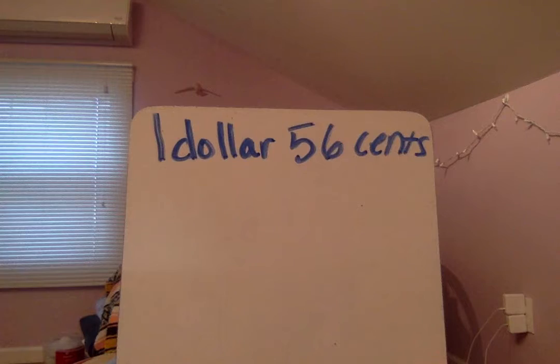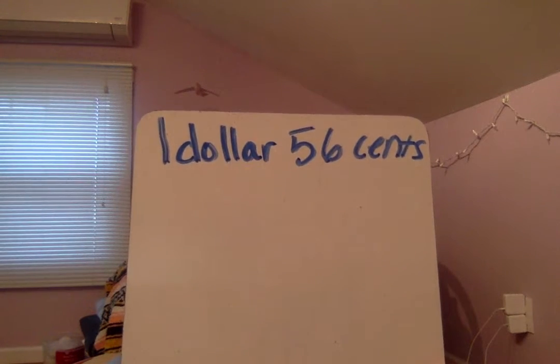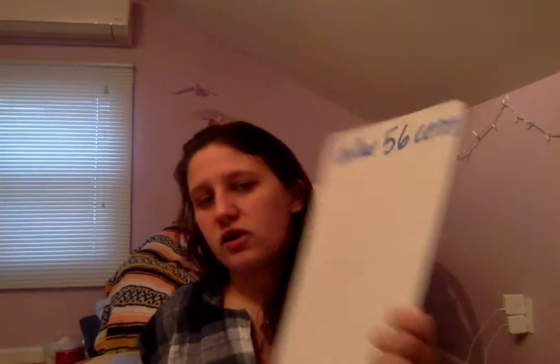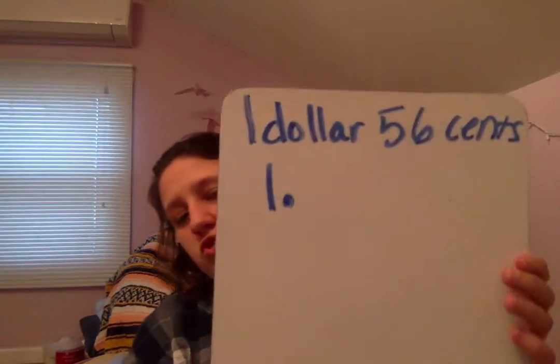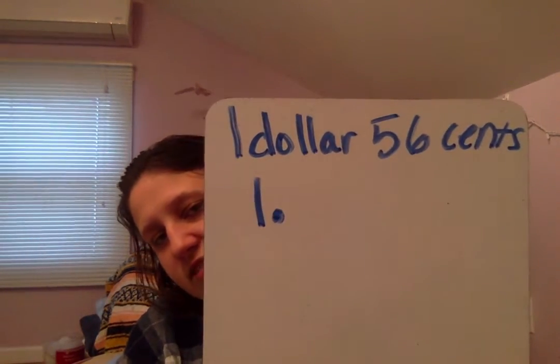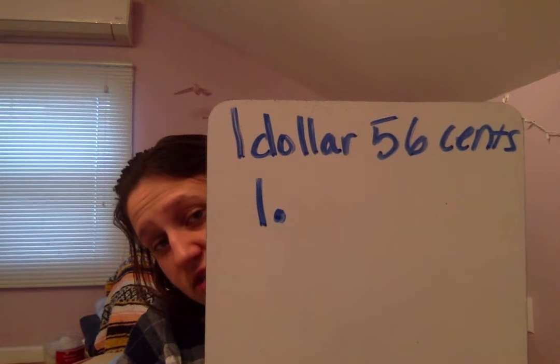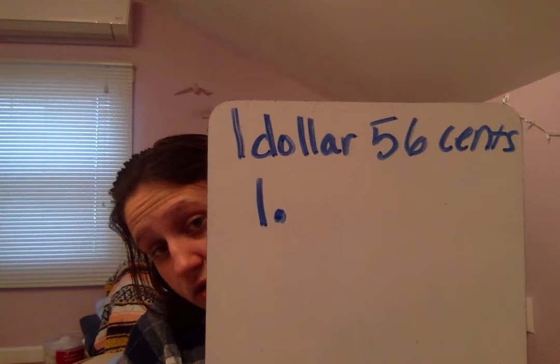So we already know that the $1 is 100 pennies, 100 over 100. So it would be 1 point. So we'll start as a decimal. And the 56 is a fraction. It's 56 over 100.